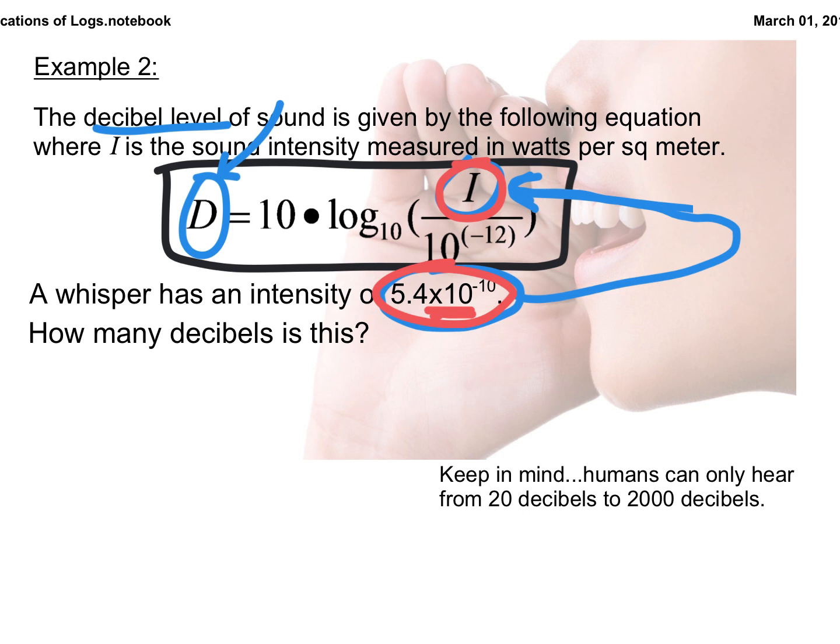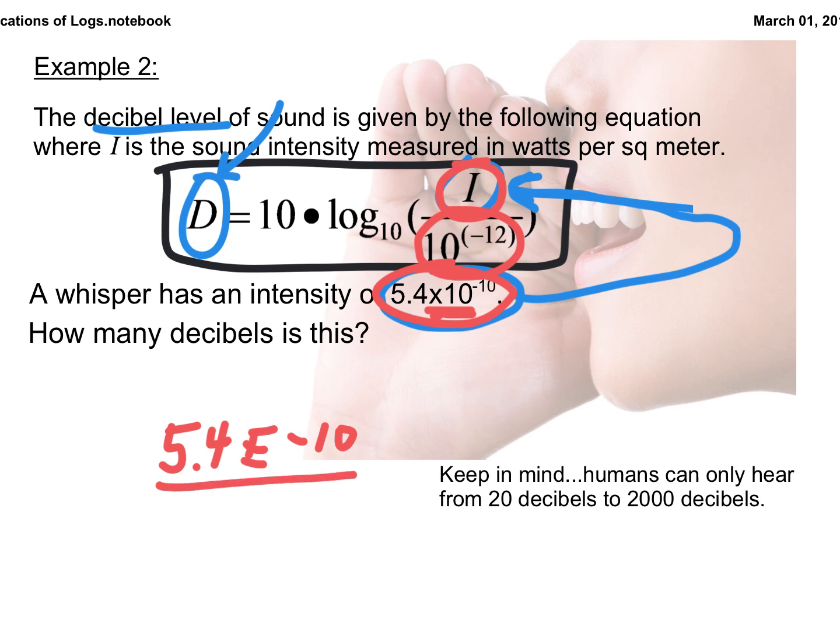So I'm going to put that in first, and then I'm going to divide it by 10 to the negative 12th, and I'm going to get a decimal. That's how my calculator says 5.4 times 10 to the negative 10th.